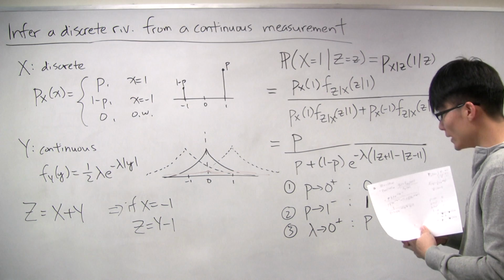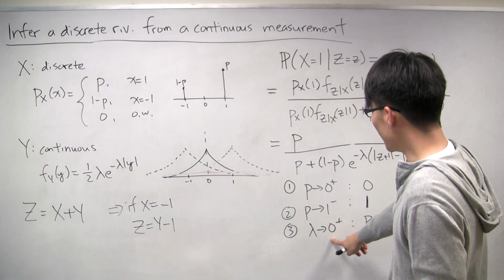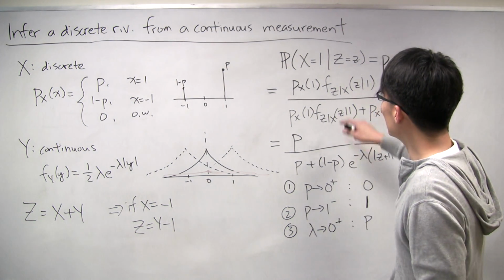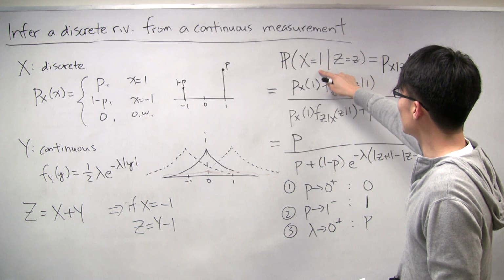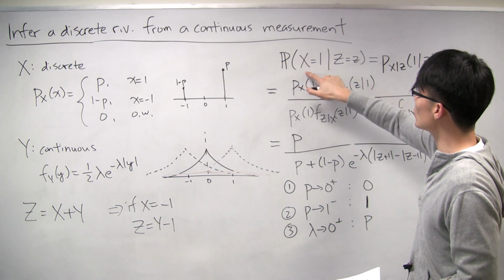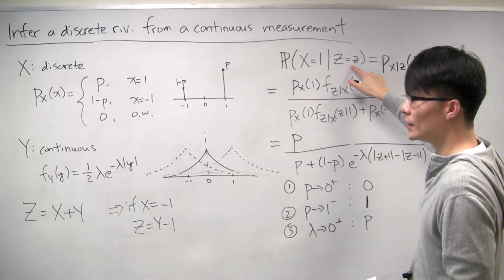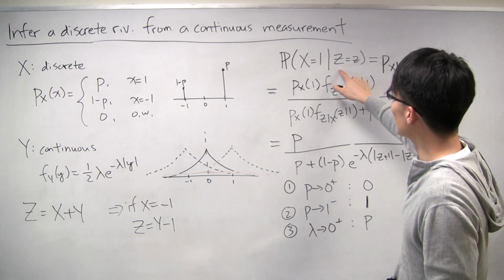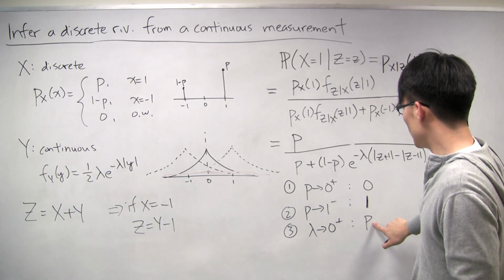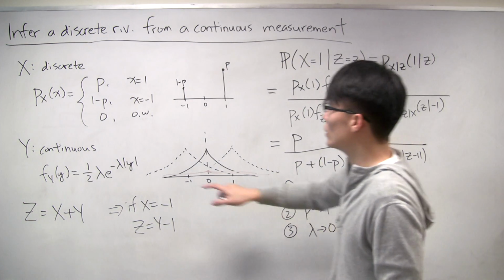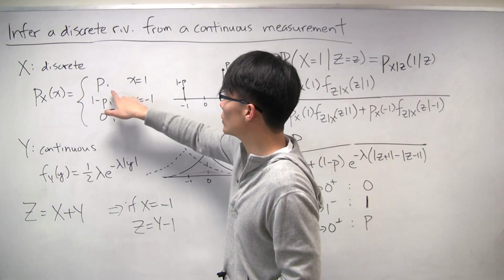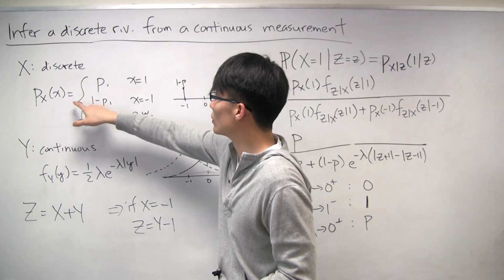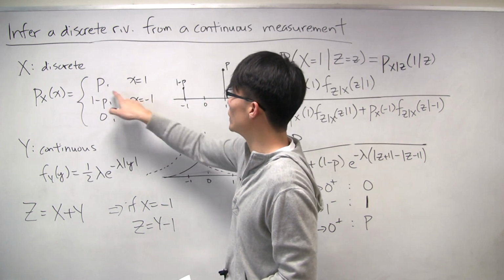So what does that tell us? That tells us that if lambda goes to 0, then our posterior probability, the probability that x equals 1, conditioned on z being some value, conditioned on our continuous measurement, is still p. So the prior, or the original probability for x being equal to 1, is p.